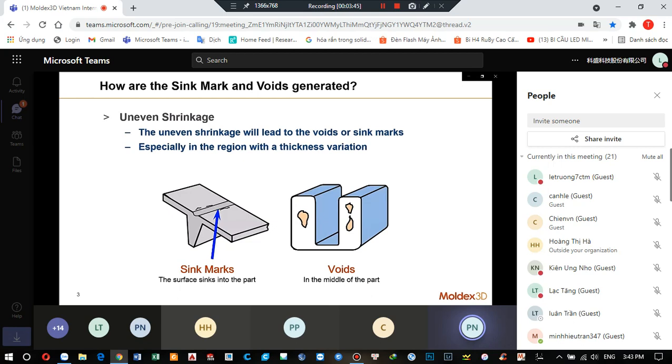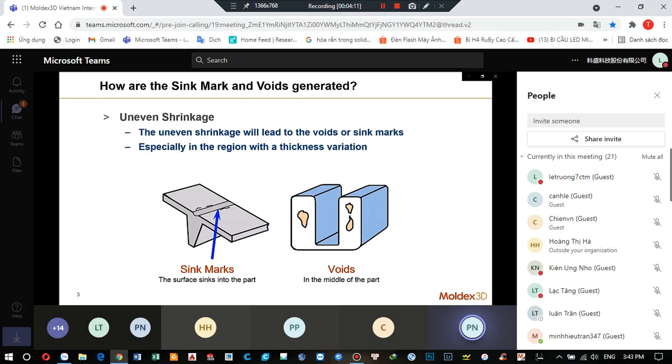We can see there is thickness variation on this design, and the thickness variation will cause different solidification in the mold when the molten material is in the cavity space. And we will get the seam mark just on the opposite side of the rib.